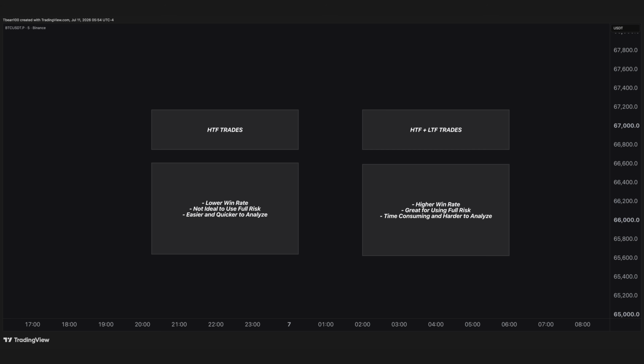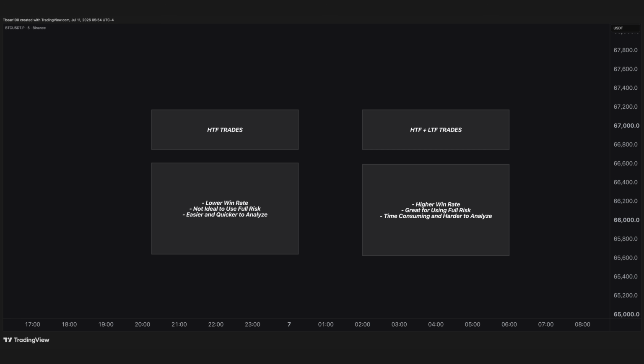I do not see any ideal case to use your full 1 R risk. But the trade-off you get from this deal is that you find easier and much quicker trades. And the analysis actually is much simpler compared to multi-time frame traders.